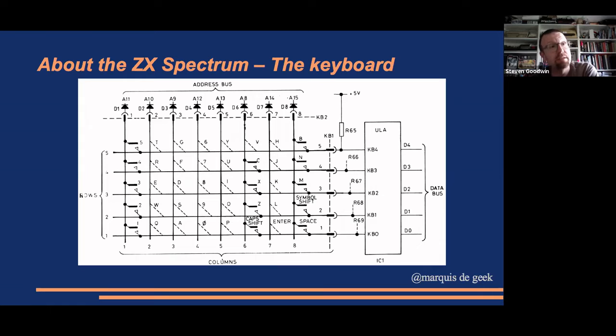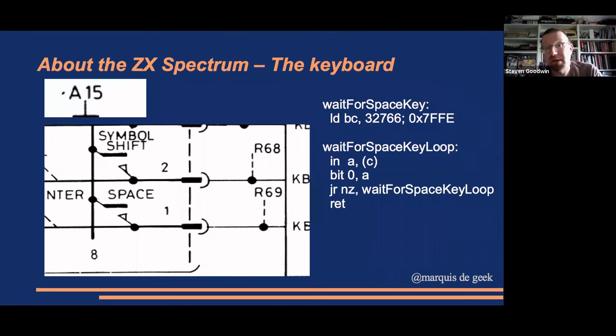Gets the state of all of those buttons on A15. So you get the state of the space, the symbol shift, the M and the N and the B. It says, well, we're only interested in space. So we check to see if bit 0 has been cleared. And if it hasn't, then we say, well, let's go back and wait until it has. And that's what allows us to wait for the space key.